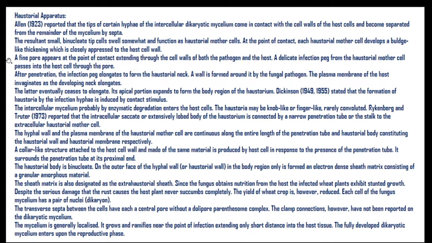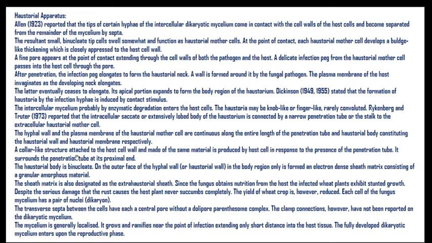So here are many more morphological as well as developmental characteristics of the haustorial apparatus. The hyphal wall and the plasma membrane of the haustorial mother cell are continuous along the entire length of the penetration tube and haustorial body, constituting the haustorial wall and haustorial membrane, one below the other.